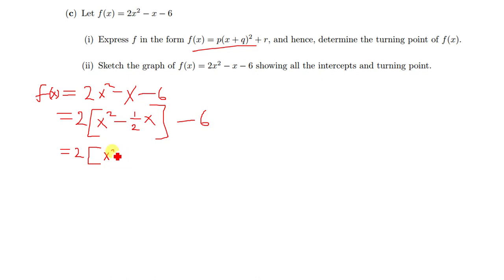So you're going to have x squared, then plus, you find half of this, so it's going to be negative 1 over 4, because half of negative half is negative 1 over 4, and then you square this, and then you say minus the same thing, negative 1 over 4 squared, minus 6.